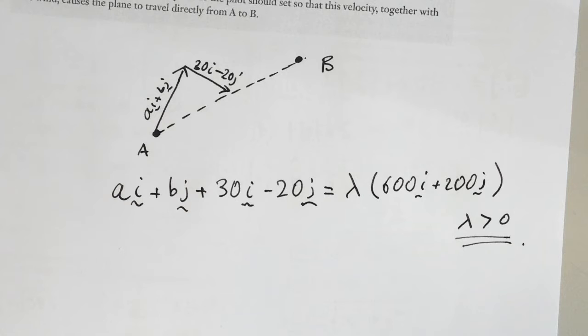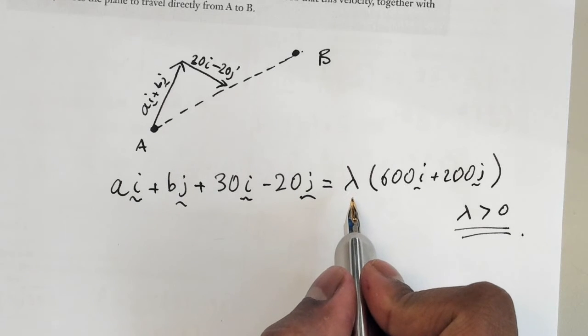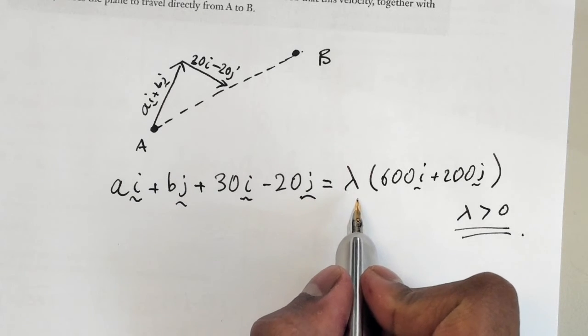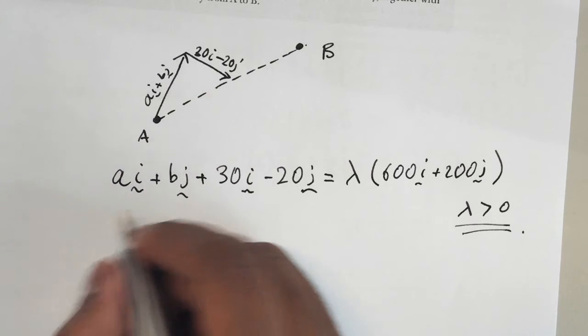Alright, and now we need to solve for a and b. But then you go, hold the phone, Mr. Prakash, there's a, there's b, and there's this bad boy over here. Right? Not good. How now? Says the brown cow. So we have to find a way to eliminate this lambda, this component here. Well, let's change this around.